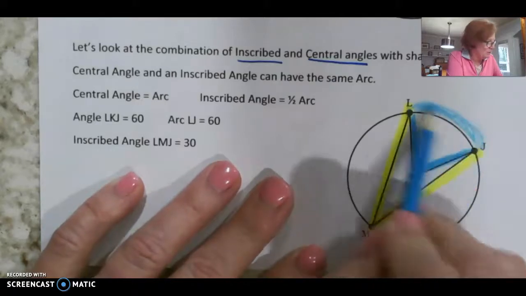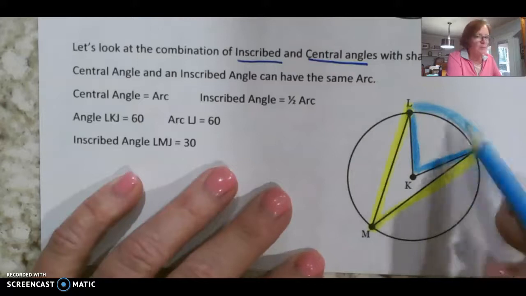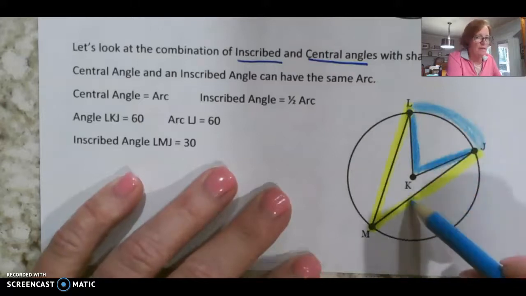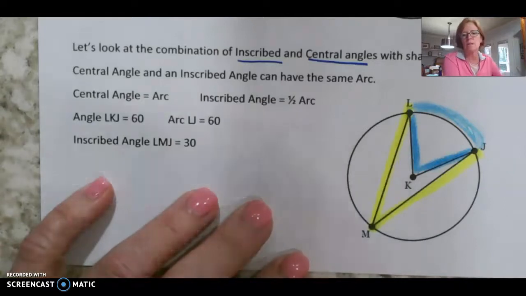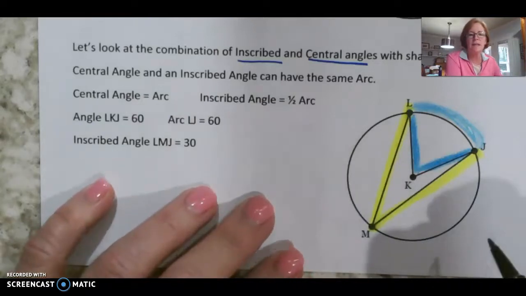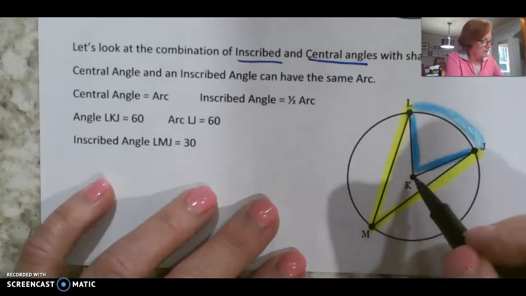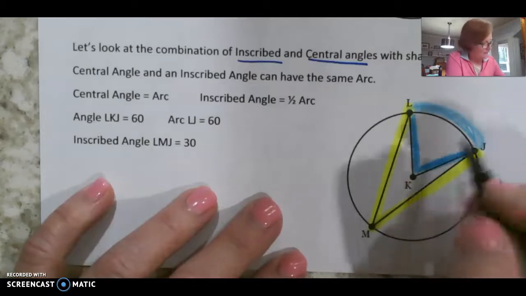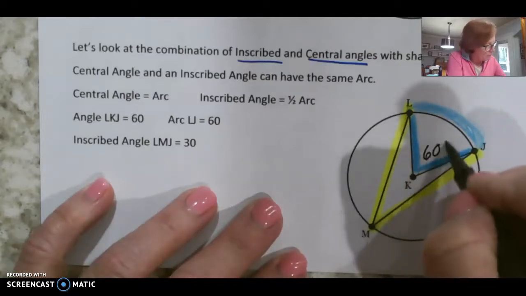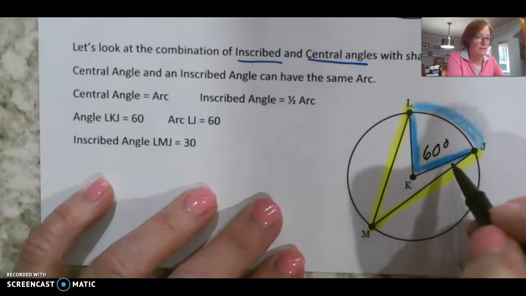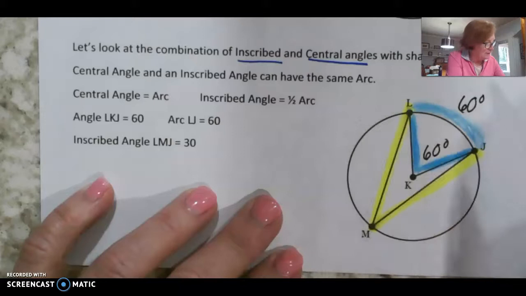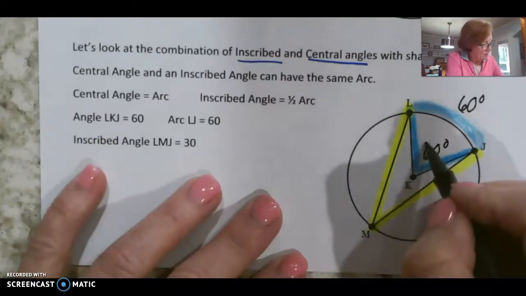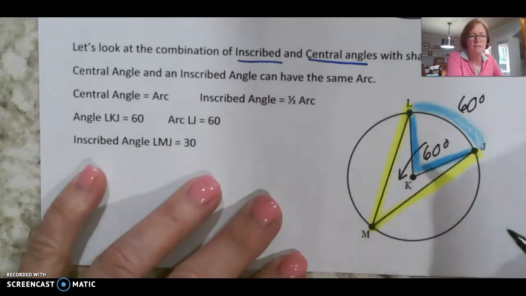So here's my color coding for today. Blue equals blue, yellow is little, blue is big. Okay, so what numbers are we dealing with? Angle LKJ, L to K to J, is 60. So if the central angle is 60, the arc is also 60. Now I want to go back to the little.